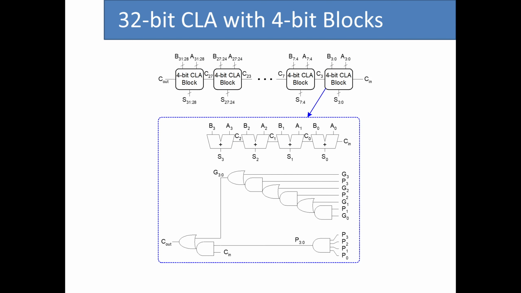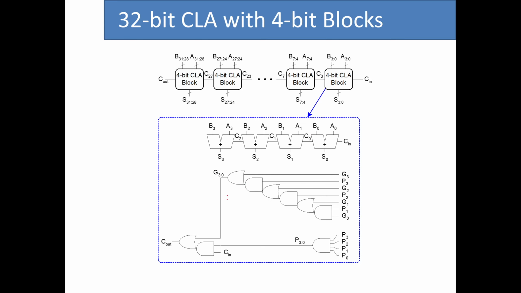So let's say we want to create a 32-bit carry look-ahead adder, and we divide this into blocks of 4 bits. In total we have 8 blocks, each producing an addition of 4 bits. So we have the regular set of full adders, but for calculating the carry out, we don't wait for these to be calculated one by one.